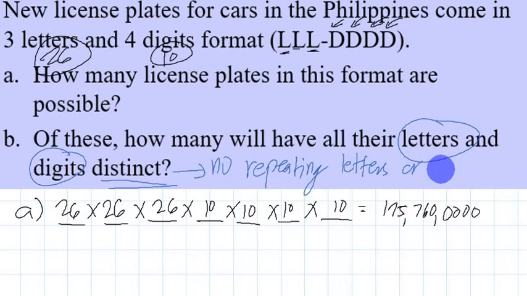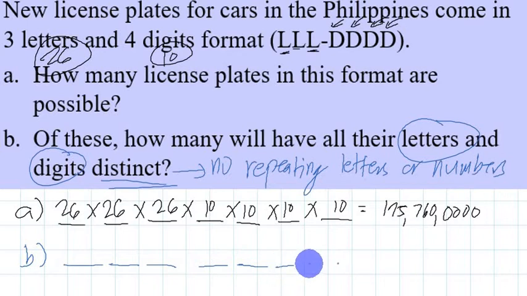Letters or numbers. So how do we make sense of that? For example, again, we have our plates with the 3 letters and the 4 digits. So, in the first slot for the letter, obviously, we can still choose all the 26 letters. Then multiply it. Now, the next slot cannot contain that one single letter from the first slot previously.